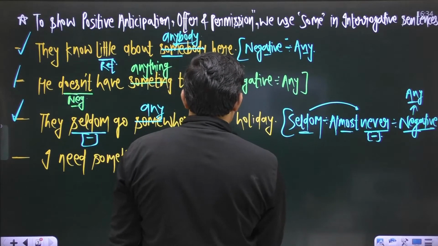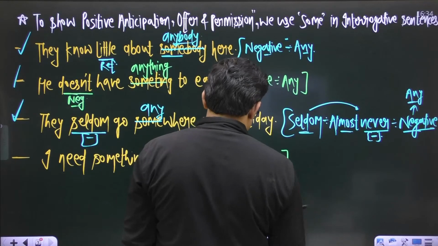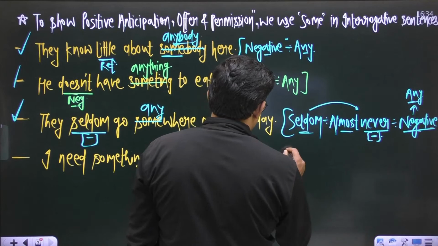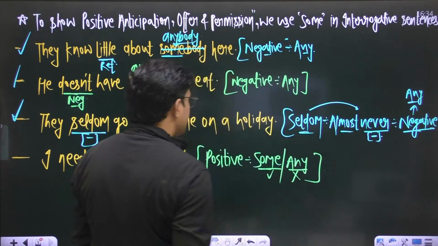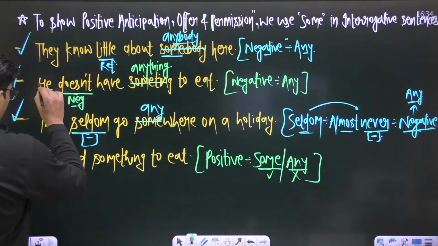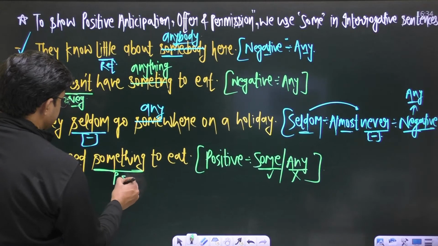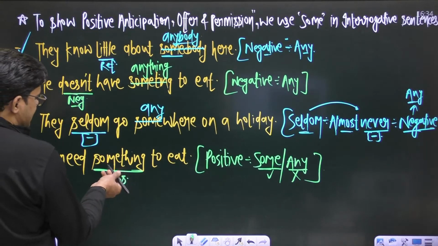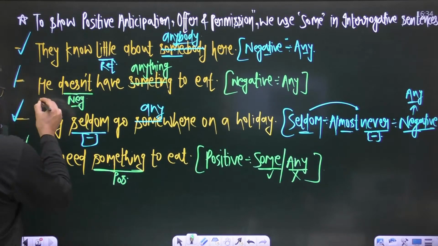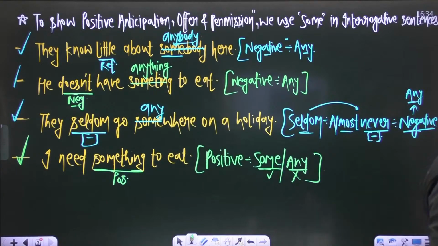In positive sentences we use some, not any. We don't use any in positive sentences. So that's why it is okay to say, I need something to eat. Due to the word some, it becomes something. It is right to say. Are you getting my point?